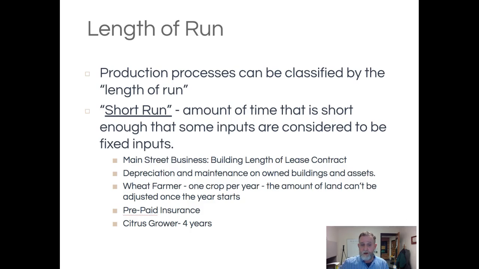A wheat farmer, one crop year, is another example. As we've talked about in the past on the supply side of things, there is a time element in any supply side.